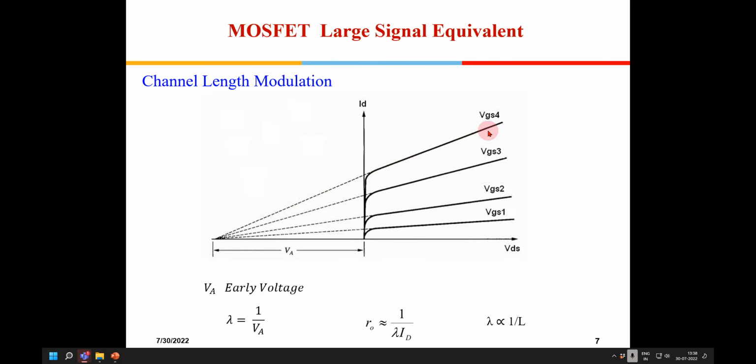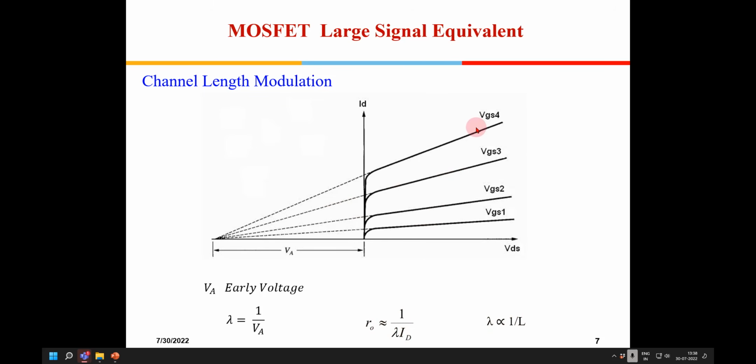Now for short channel devices, these curves are not straight. They come and merge at the early voltage, and we know an equivalent resistance R0, and we know the formula to compute R0. R0 is dependent on ID, remember that, and it is also a function of L. So what is R0?